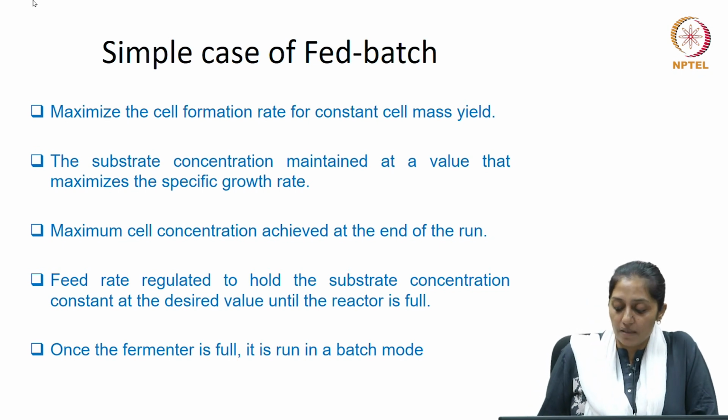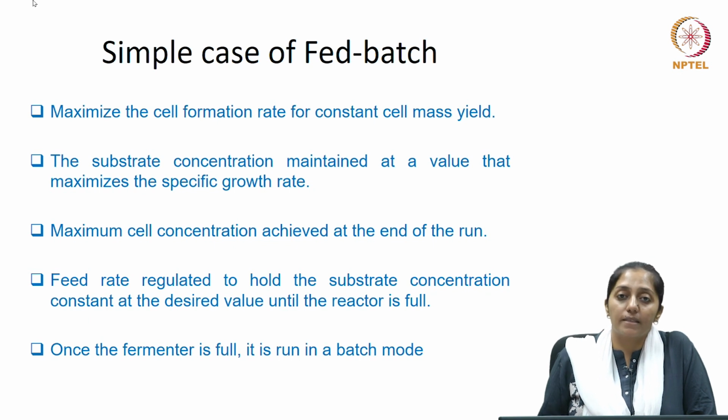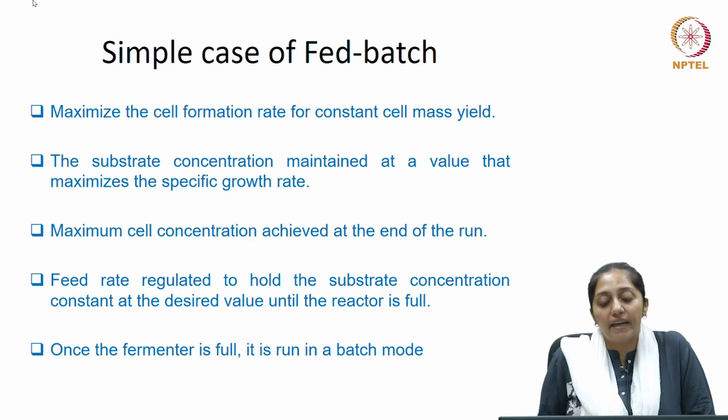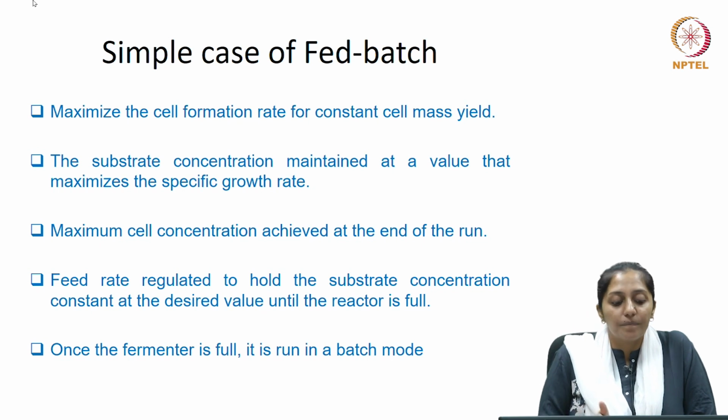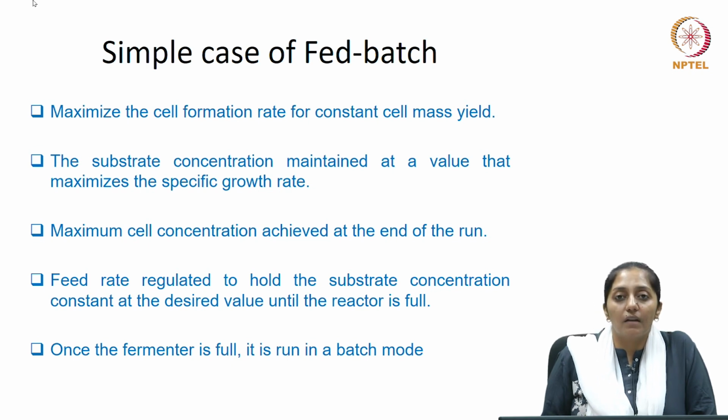So constant cell mass yield is your Y x by S. Maximizing cell mass concentration is your X. The substrate concentration is maintained at a value that maximizes the specific growth rate. Which means that the substrate concentration is kept at a value where the specific growth rate is maximum. The maximum cell concentration can then be achieved at the end of the run.